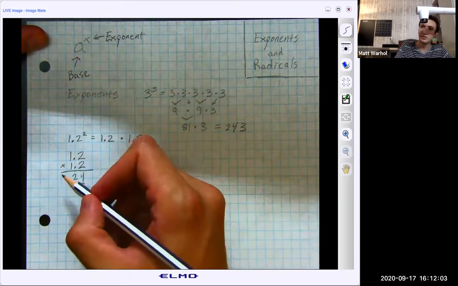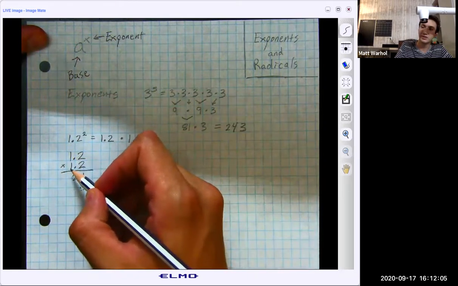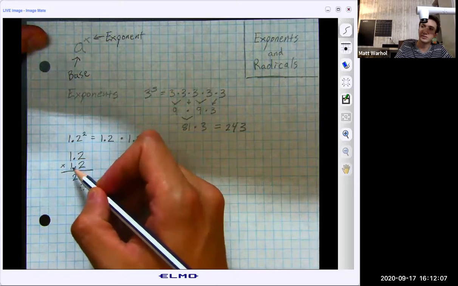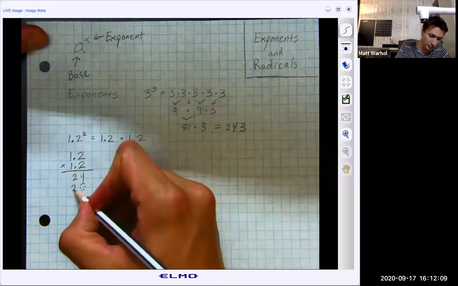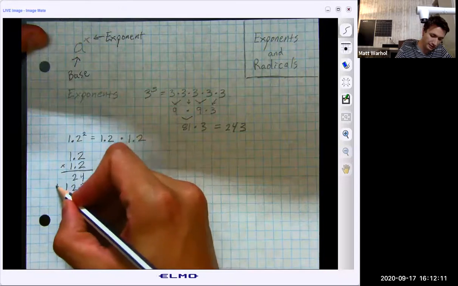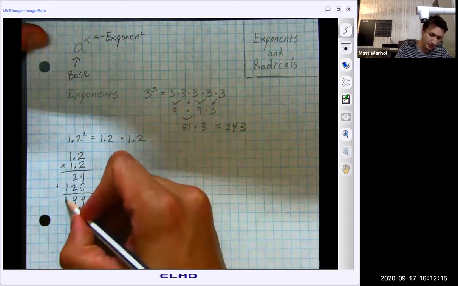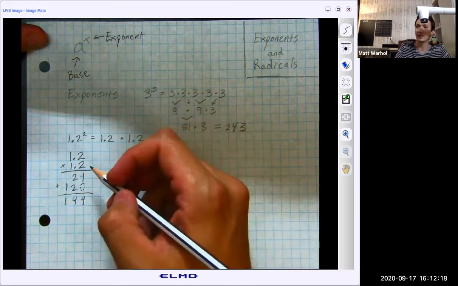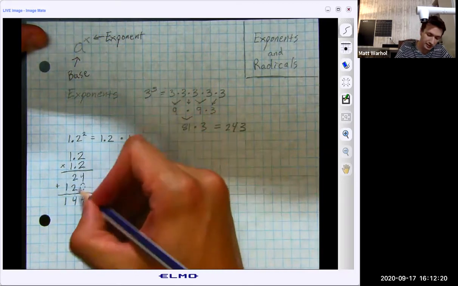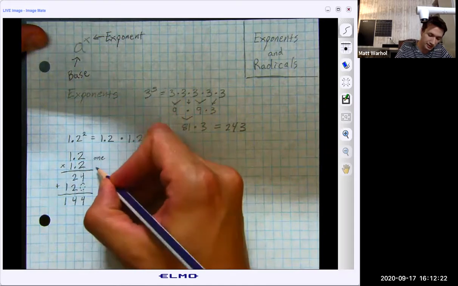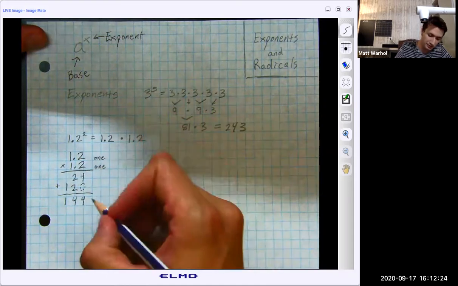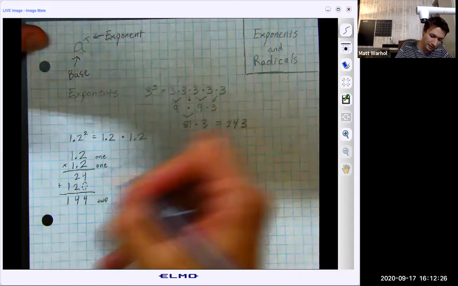And then I do the tenths over, the tens column over, actually it's the ones column, since it's a decimal. 1 times 2 is 2. 1 times 1 is 1. And then I add together my results, and I get 4, 4, 1. Now, because we were multiplying decimals, I have to count where to put my decimal. This had 1 digit behind the decimal. This had 1 digit. So if we put those together, I should have 2 digits behind my decimal.